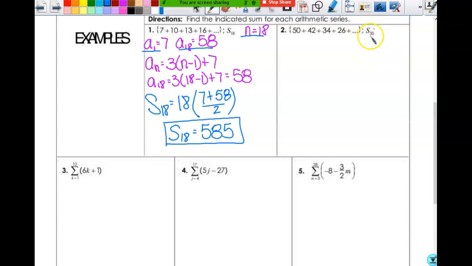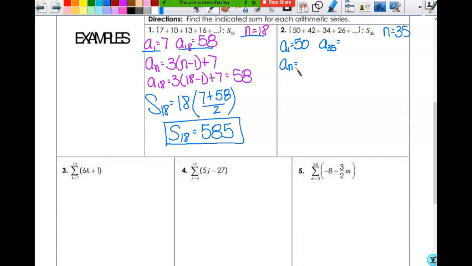All right, so let's look at number 2. I want to find the sum of the first 35 terms. So n is 35. The first term is 50. I also need the 35th term, which I don't know, and I definitely don't want to write them all out, so I'll use my little formula. A sub n equals, what's the difference here?